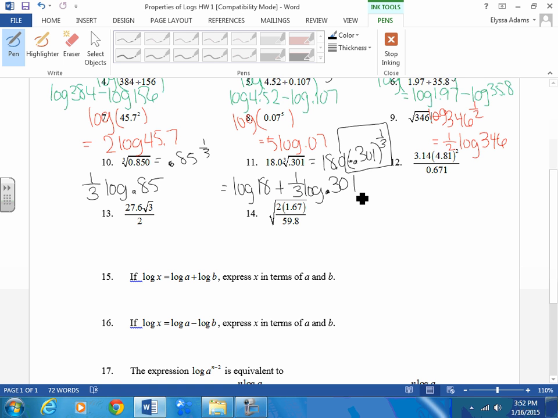Number 3, we've got even more when we take the log of that. We're taking the log of this, I guess I should have written that in here, log. So when we take the log of this, we're going to have the logarithm of 3.14 plus, because there's multiplication in that numerator, I'm going to pop my 2 out, 2 times the log of 4.81, minus, because I have the division, the log of 0.671.